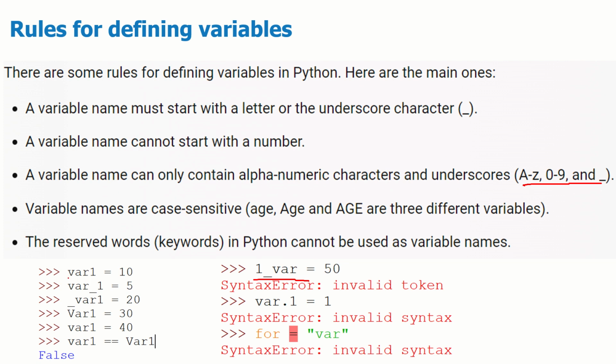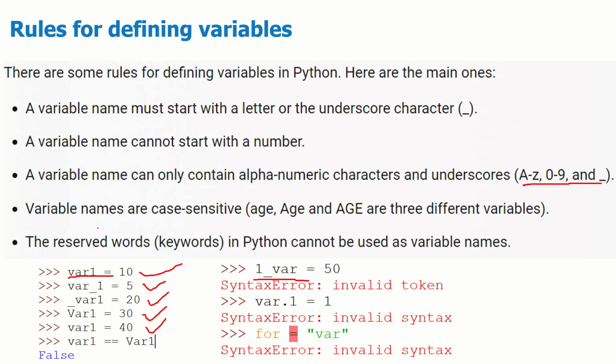So here you can see variable1 contains letters and a number. variable1 is equal to 10, this is correct. variable_1, this is also correct. _variable1 is equal to 20, this is also correct. Capital V Variable1 is equal to 30, this is also correct. var, small v a r, is equal to 40, this is also correct.